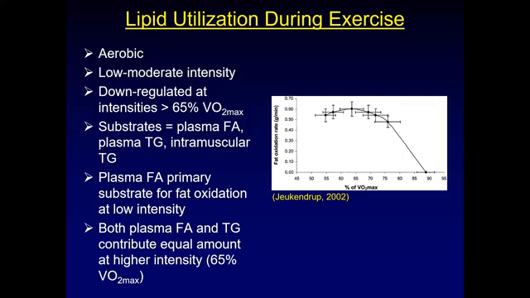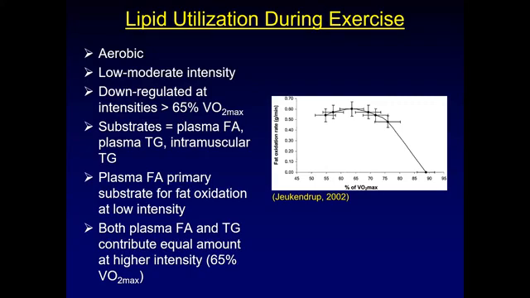The reason for this is that at high intensities, the energy demand is so great that breaking down fat is too slow. Plus, we're going to start making things from carbohydrate components, and byproducts of anaerobic metabolism are going to begin to shut down aerobic metabolic pathways.